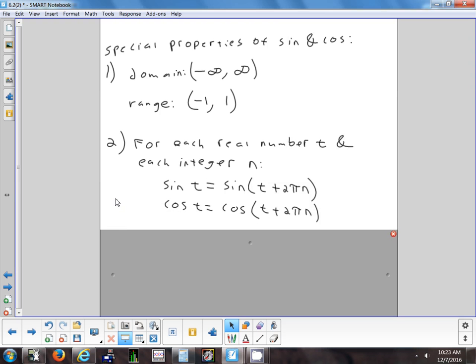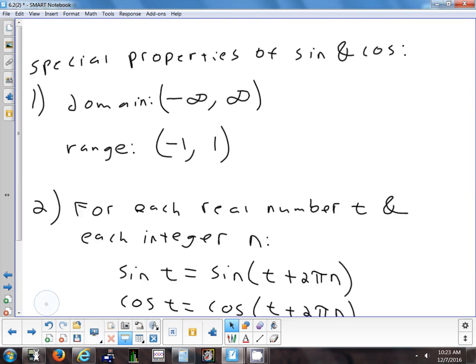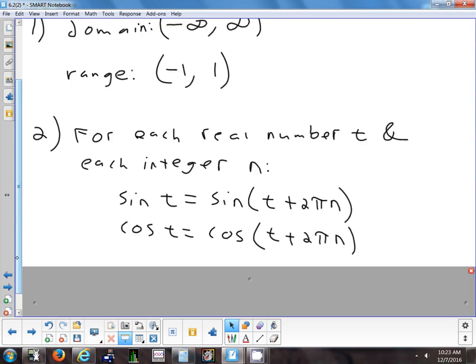Written as an equation in radians, you can take any angle that you want, and you can add or subtract multiples of 2 pi. That's what 2 pi n means. You could add 2 pi, 4 pi, 6 pi, any multiple of 2 pi. I did it with you guys in degrees, so you could add or subtract 360.